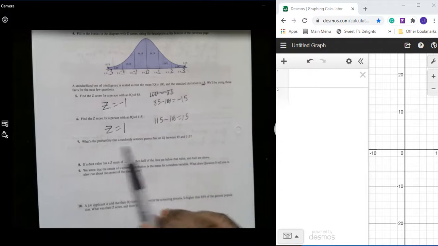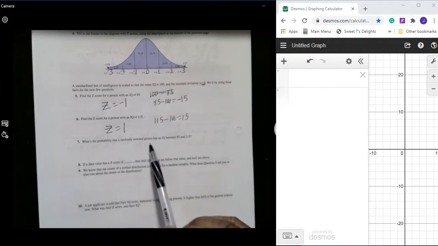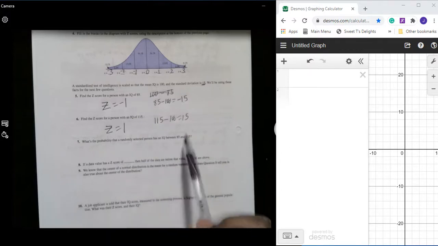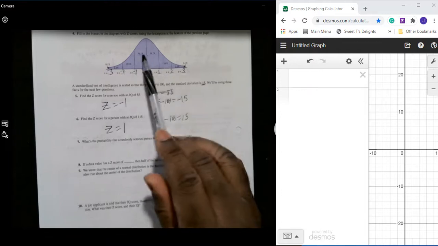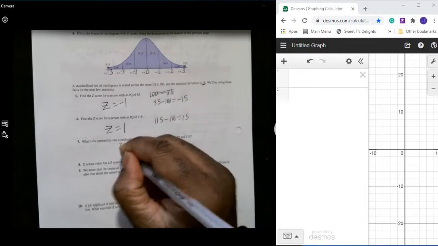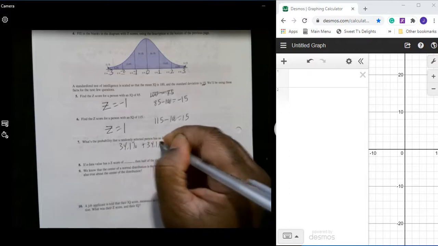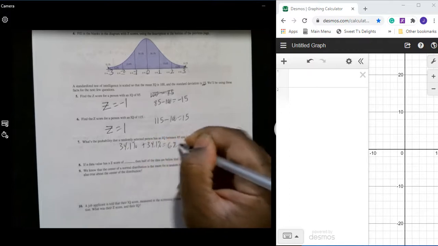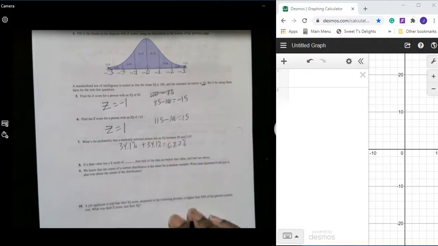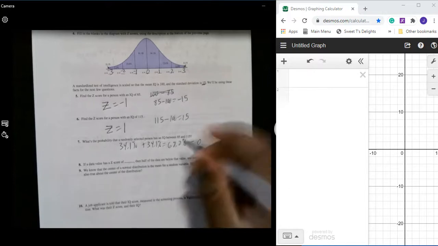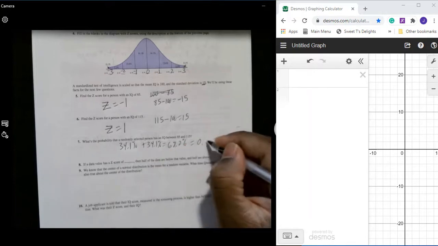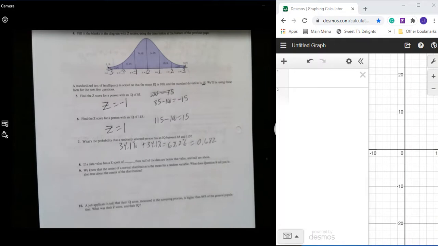They said, what is the probability that a randomly selected person has an IQ between these two values? So we see their percentages. We add 34.1%, and we add the other 34.1%, so it'd be 68.2%, which, since we're doing probability, we'll write as a decimal, 0.682.